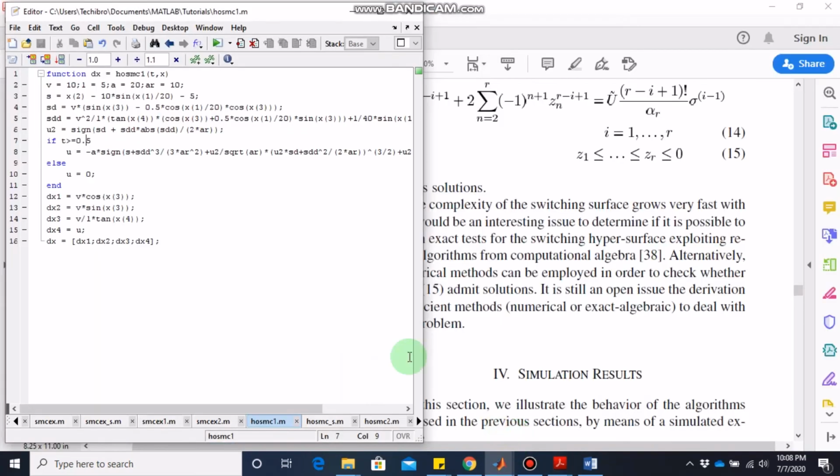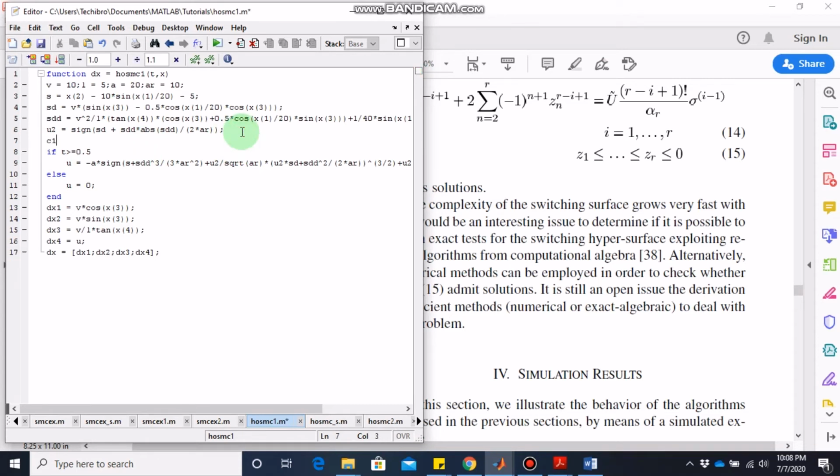So this is our code for the optimal control. Here we define condition 1, C1. This is equal to a logical statement s equal 0. This is a logical statement, it will be 1 if s is equal to 0 and 0 otherwise if s is non-zero.